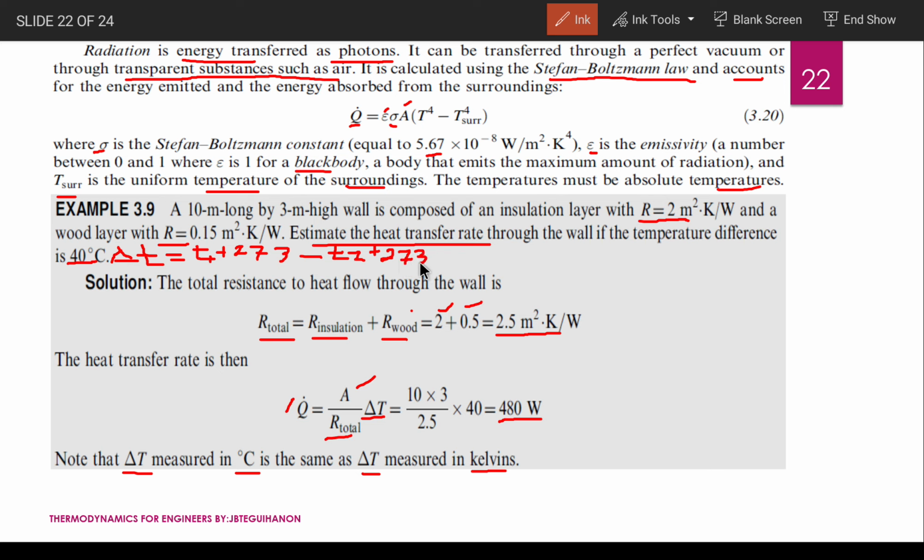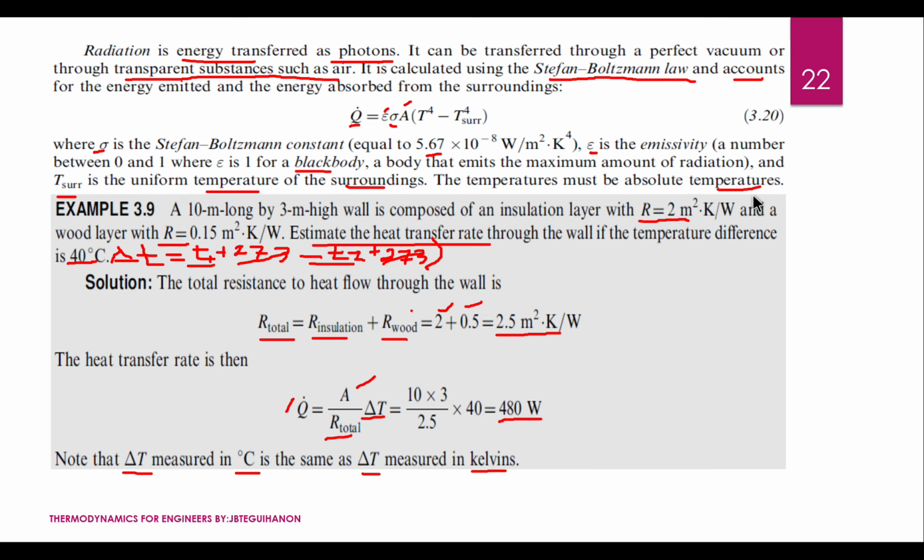Kasi plus mo yan para maging absolute. Pero mangyayari, ayan o, positive 273, negative 273, cancel out. So what left? Yung degree Celsius in temperature. Kaya therefore, pagka yung delta T, equal lang yung degree Celsius sa degree Kelvin. Okay, walang significant diyan na mangyayari. Okay, continue tayo.